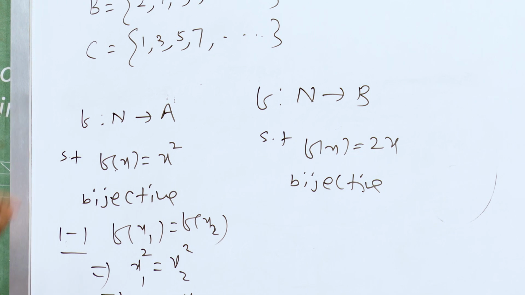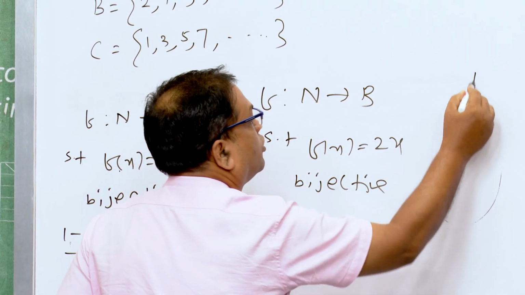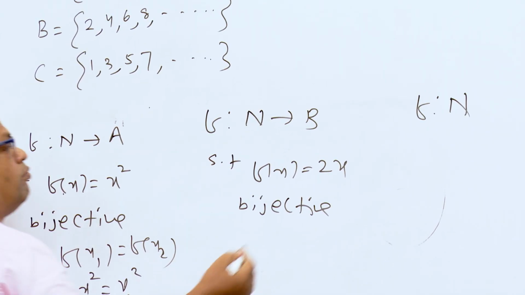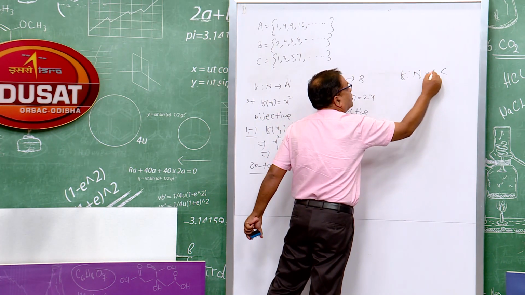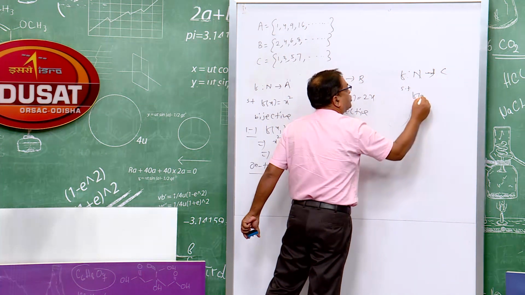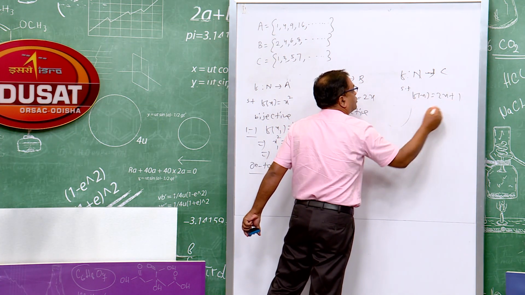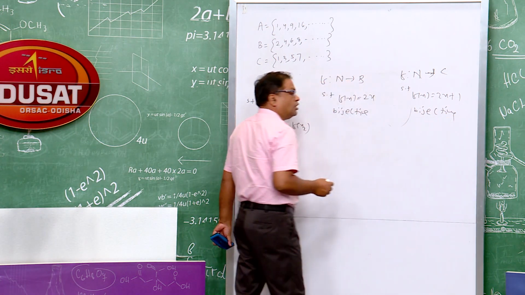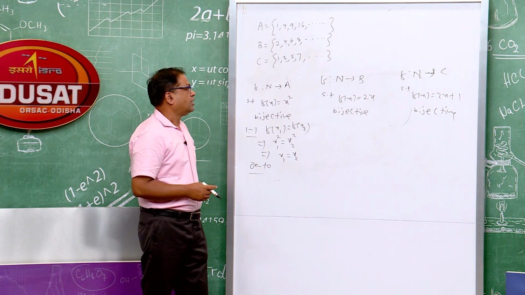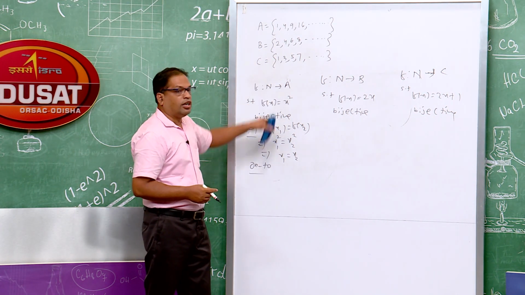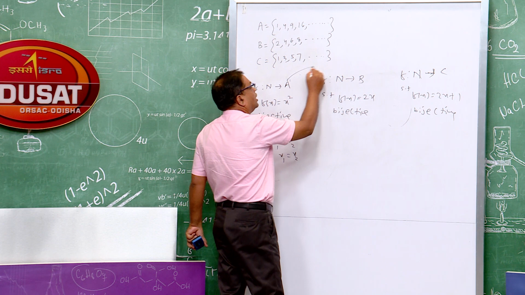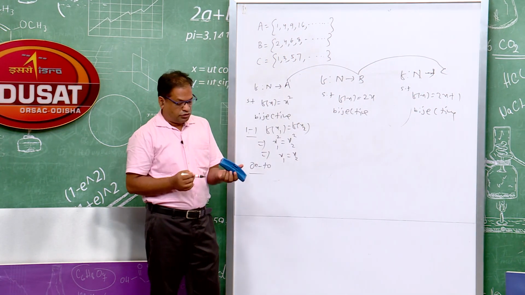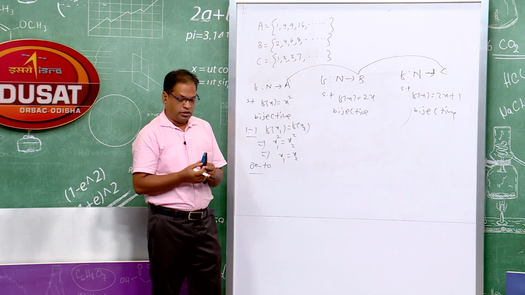Also, the last set C, the set of odd natural numbers, such that f(x) is equal to 2x plus 1, it is also bijective. So, the three sets A, B, C are equivalent with N. A, B, C all are equivalent because they are equivalent with the natural number set.